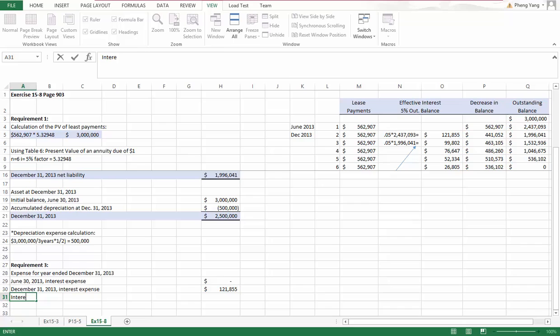So my interest expense for 2013 is the $121,855.